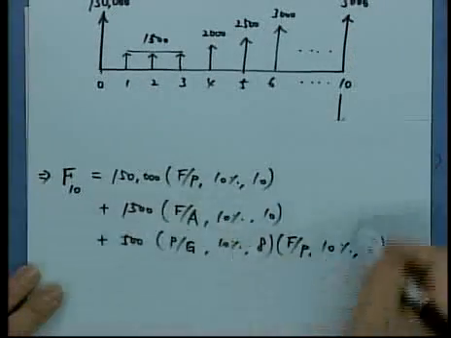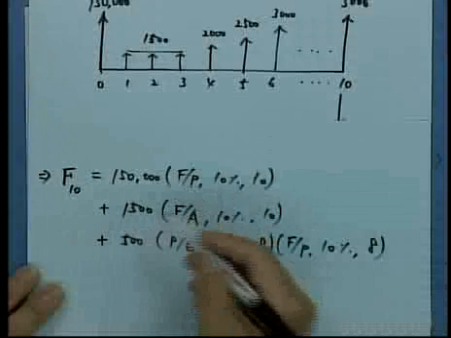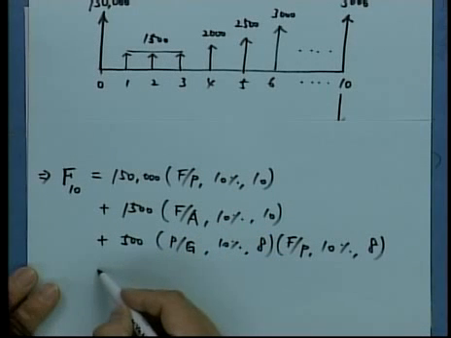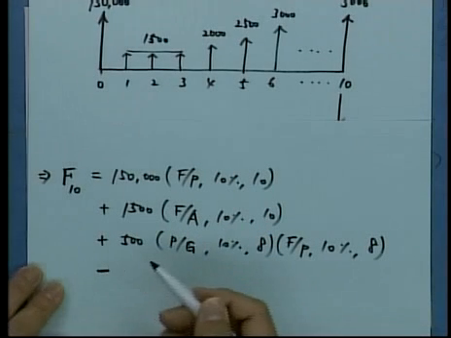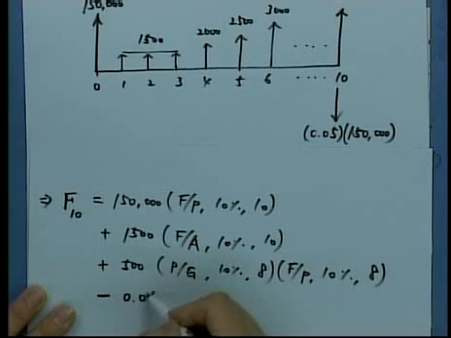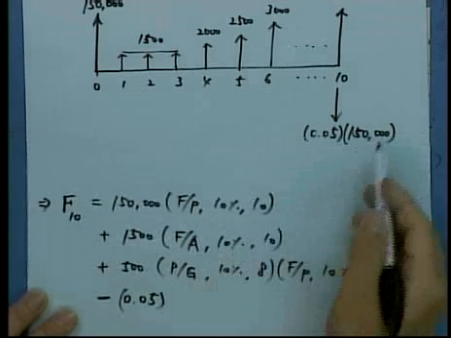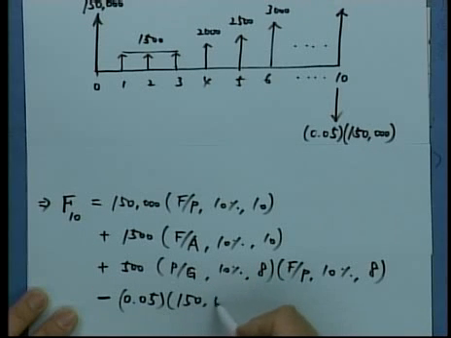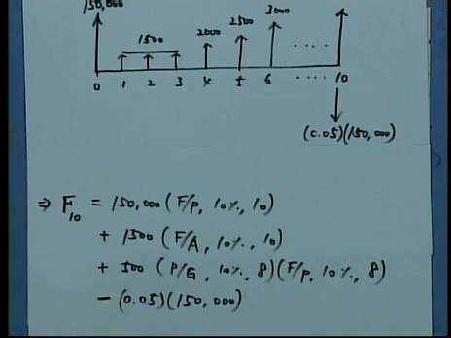Because these are the future worth of the cost, your salvage value would have a negative value: negative 0.05 times $150,000.